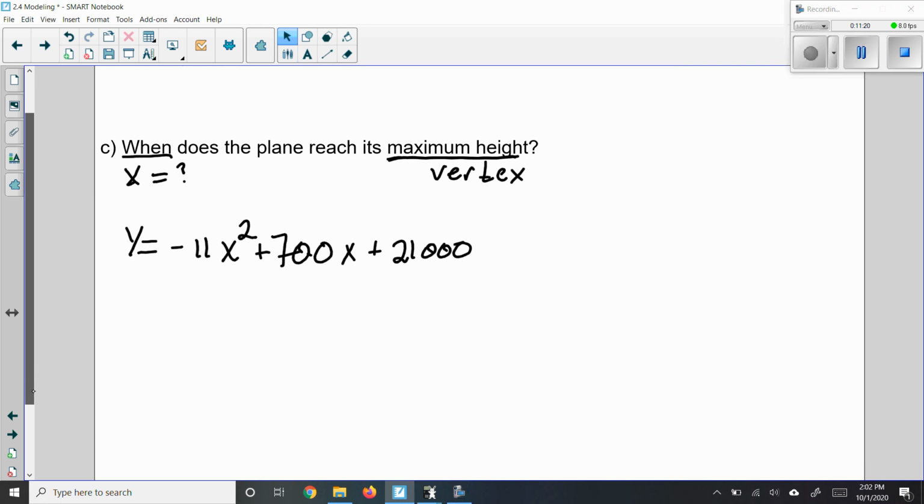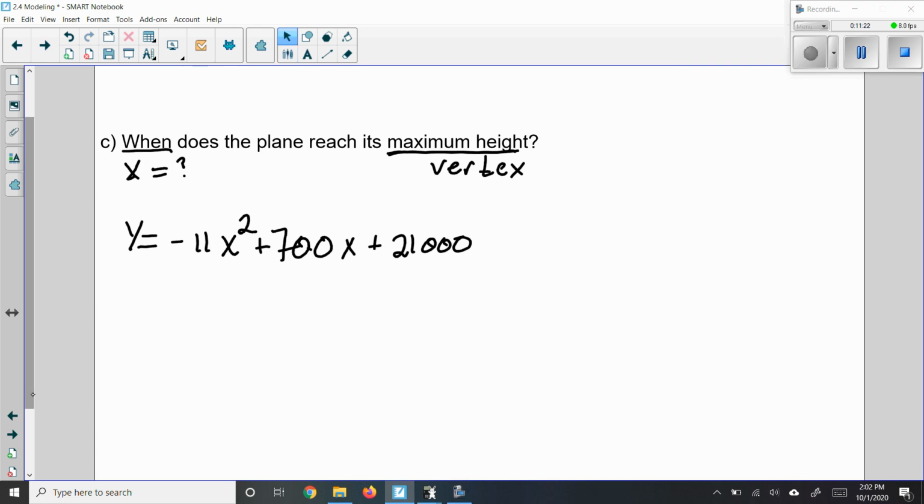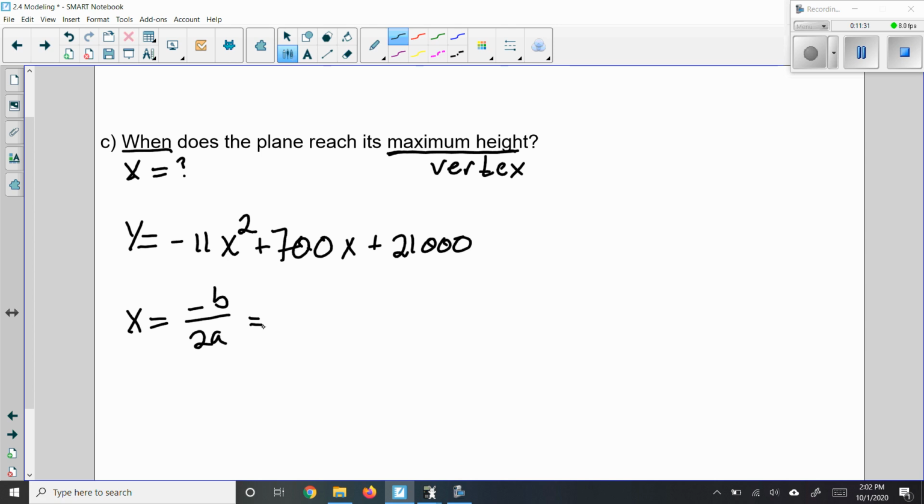So I've copied down our equation again over here. Now the x-coordinate of the vertex, we use the equation x equals negative b over 2a. Well, b is 700 and a is negative 11.